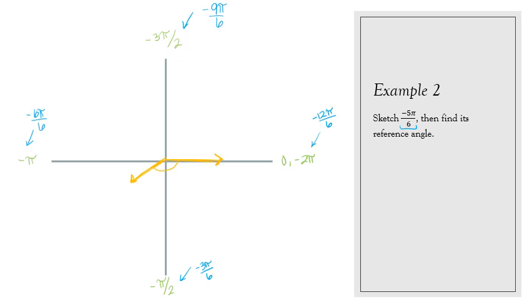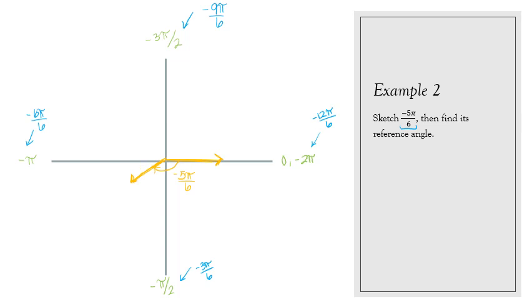So let's sketch that and give it a little label, negative 5 pi over 6. So think about for a moment where exactly your reference angle is. I'm going to sketch mine in a second. Okay, hopefully we understand that it goes there.